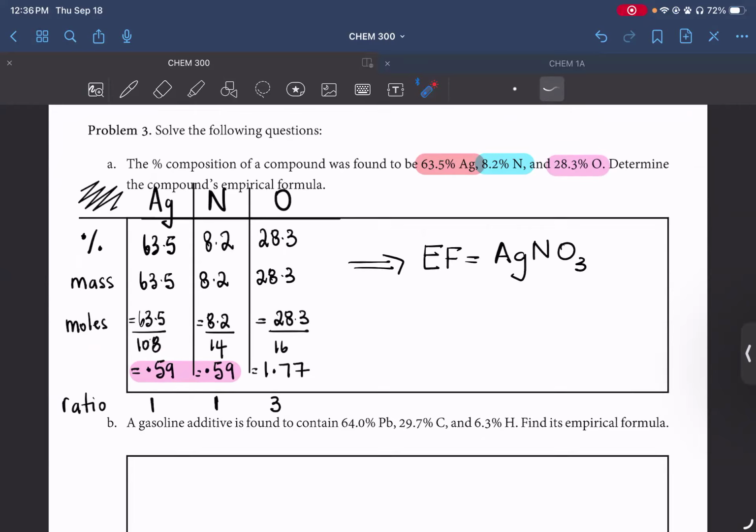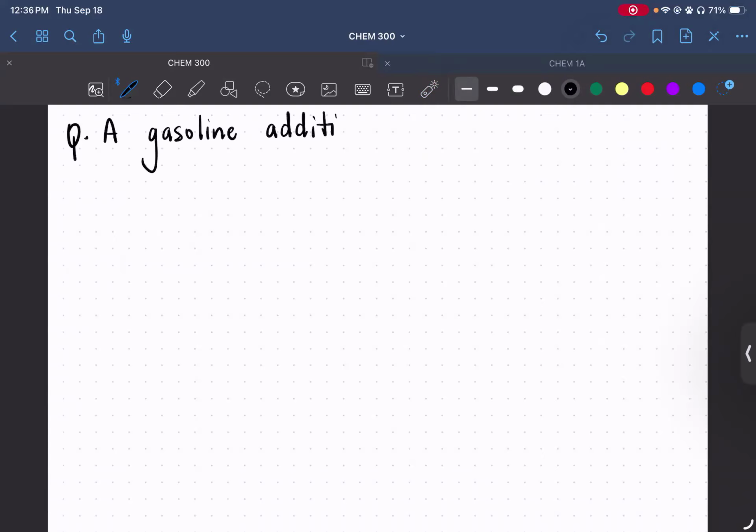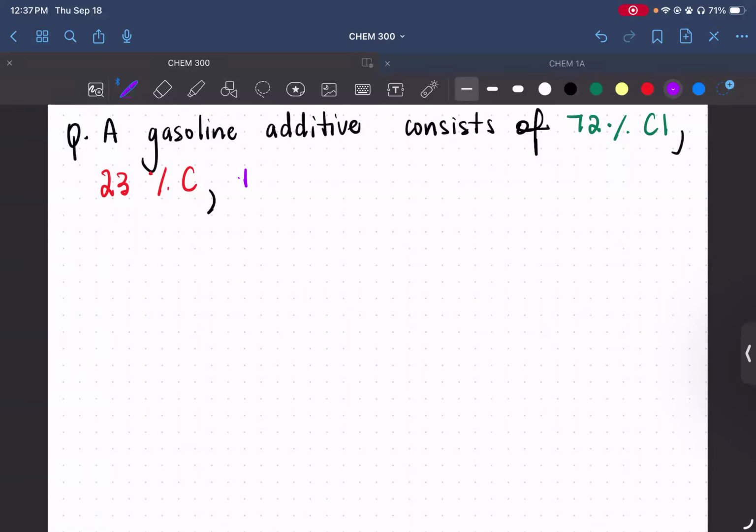Okay. I would like to do another question. It's not on the problem set. I'll write it out right here. A gasoline additive consists of 72% chlorine, 23% carbon, and 5% hydrogen.